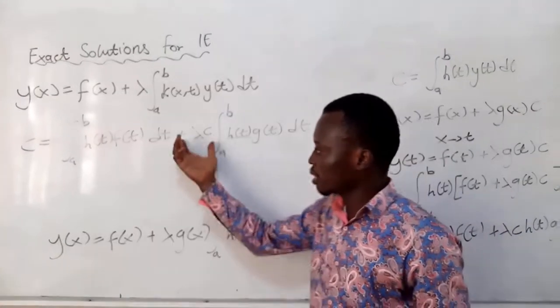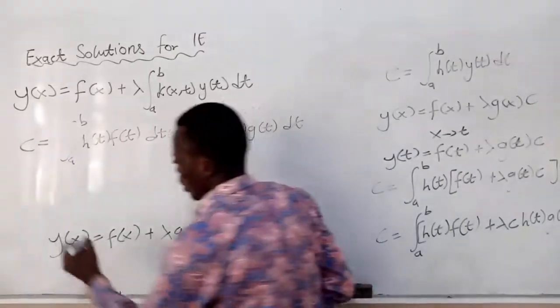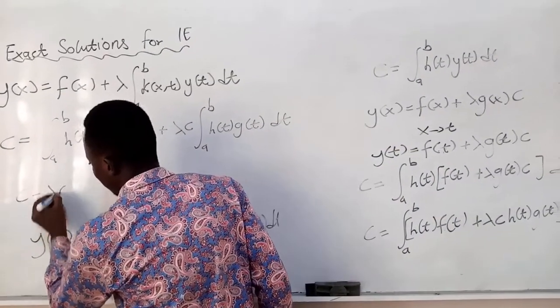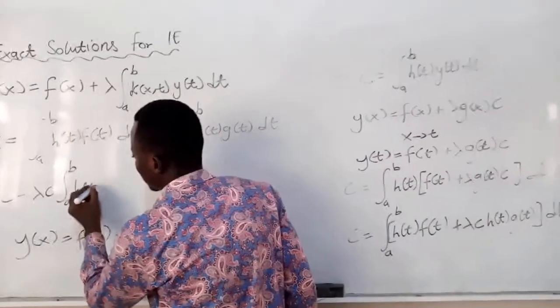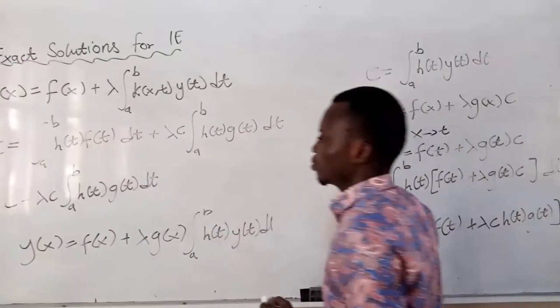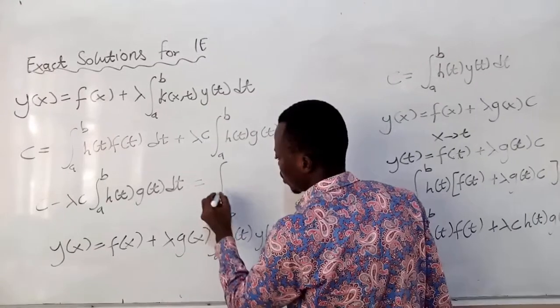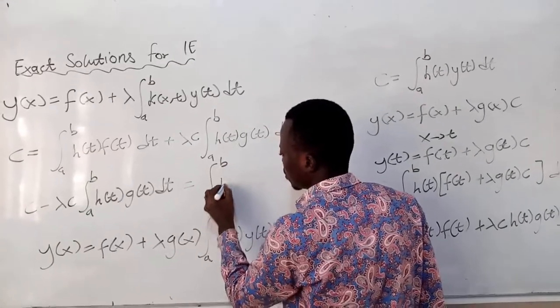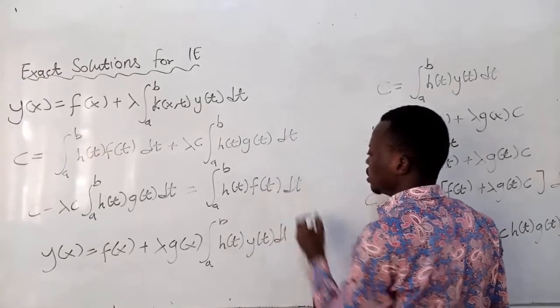Now we are looking for c, so let's send this side to the other side. So we are going to have c minus lambda c integral from a to b h of t g of t dt, which is equal to integral from a to b h of t f of t dt.